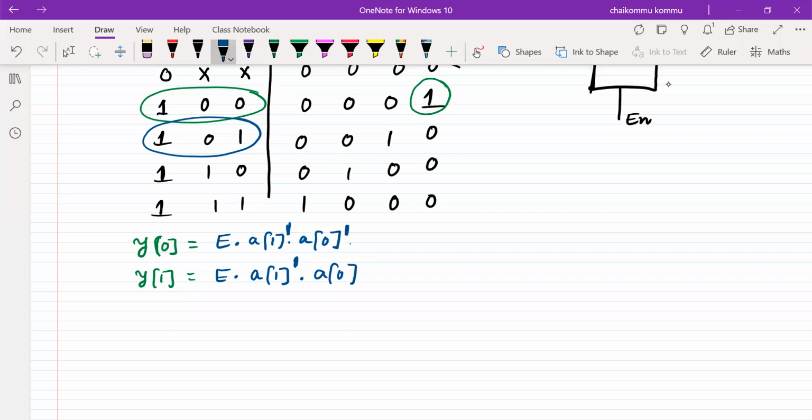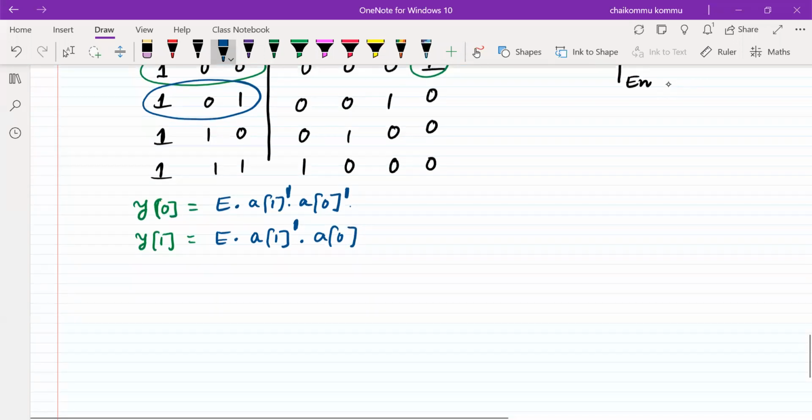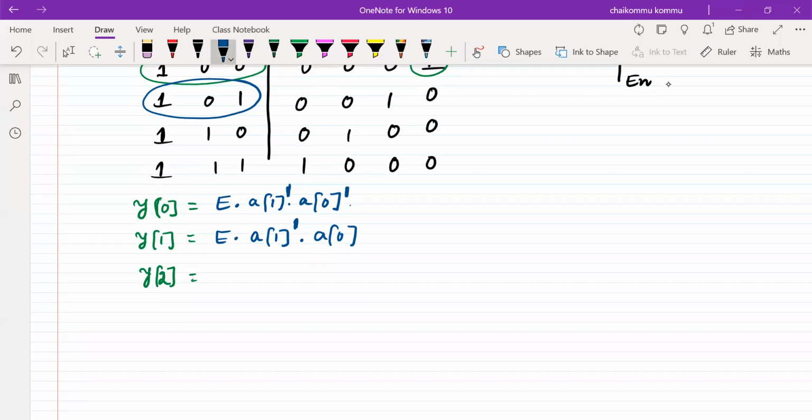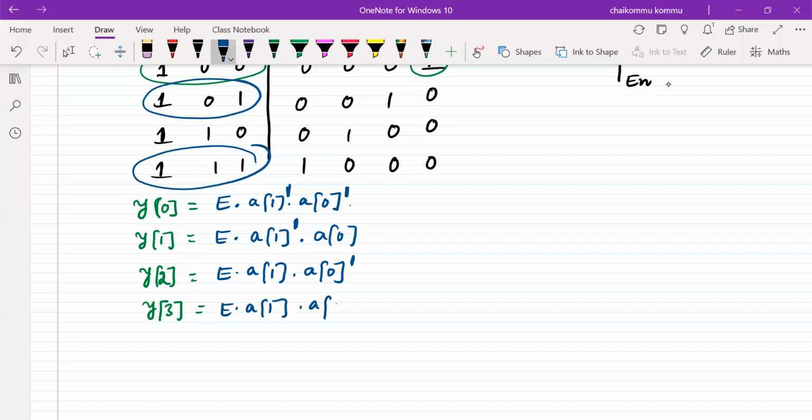Then Y of 2, sorry, it is actually enable signal, A of 1, A of 0 complement, in total. Next, Y of 3 is equal to enable, A of 1 into A of 0. This is the responsible one.